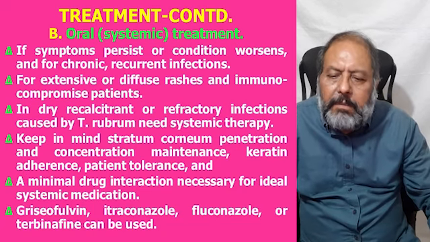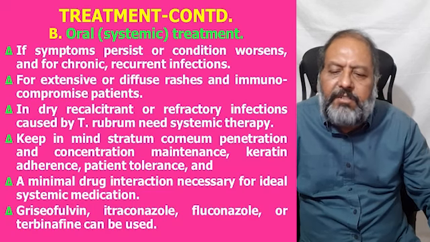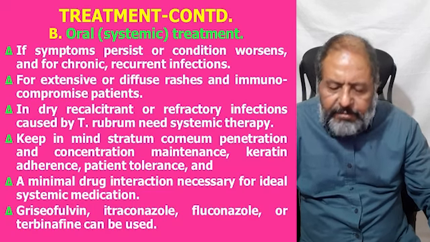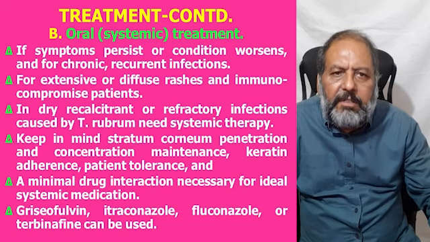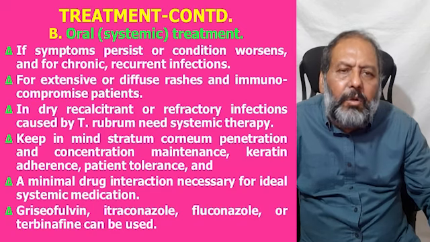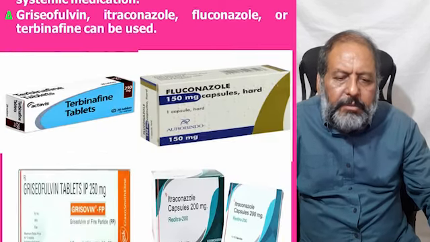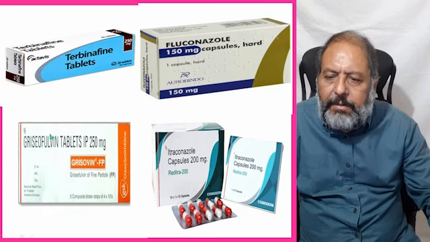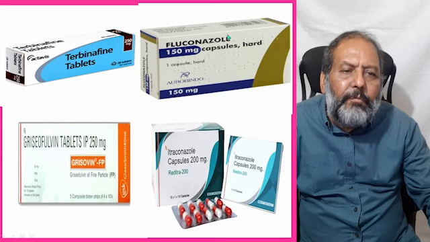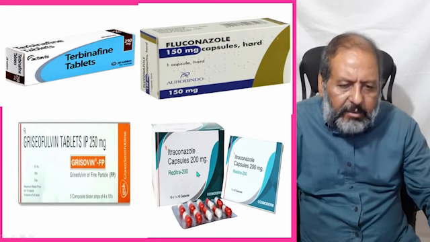Minimum drug interaction is necessary for the ideal systemic medication, because if the patient is using other medicine, there are chances of drug interaction. Griseofulvin, itraconazole, fluconazole or terbinafine can be used. So here one can see terbinafine tablet, griseofulvin tablet, fluconazole capsule and itraconazole capsule.